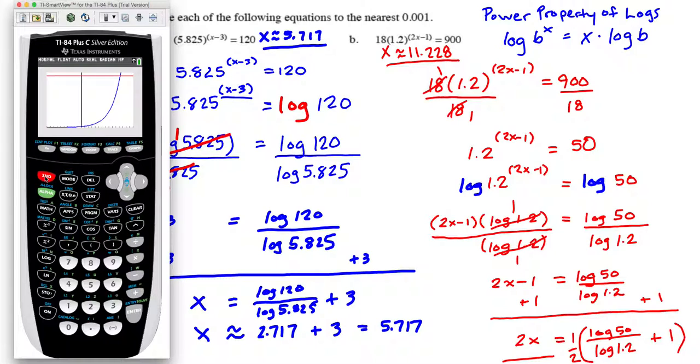So second trace, number 5, mark your functions, enter, enter, then hit enter for the guess, and you see the intersection should be at about 11.228. So this function will be at about 11.228 when it reaches an output of 900. Do the same thing with the other one to check your answer.